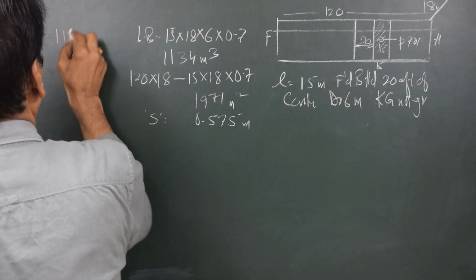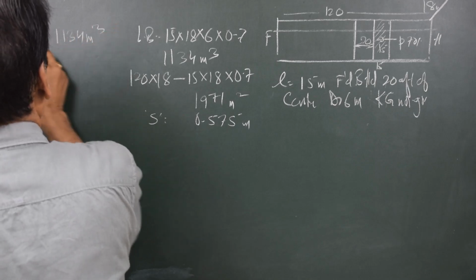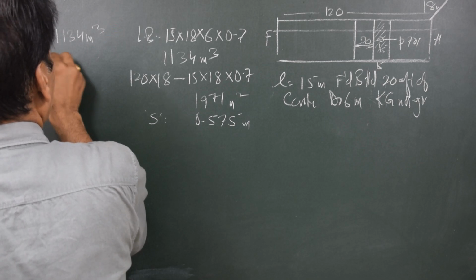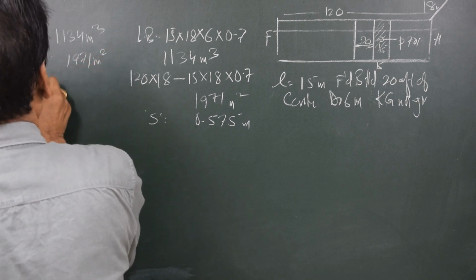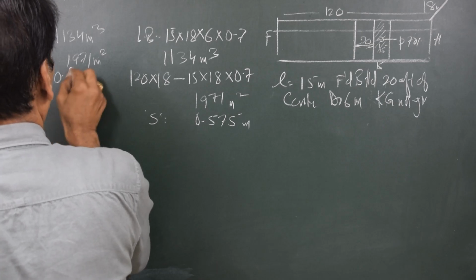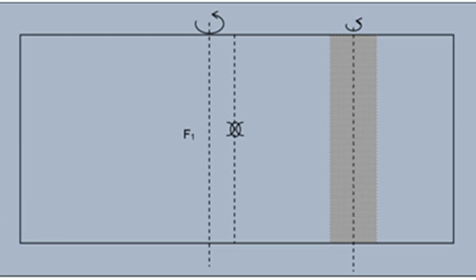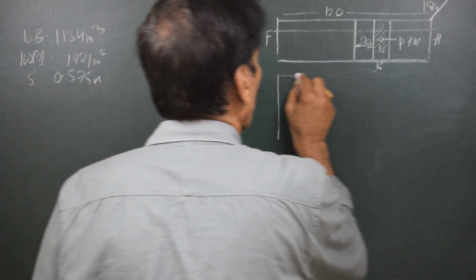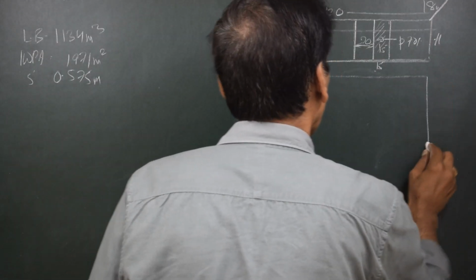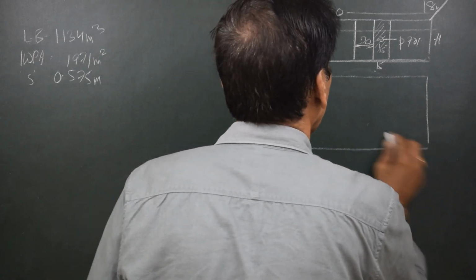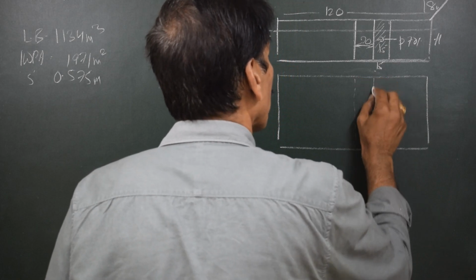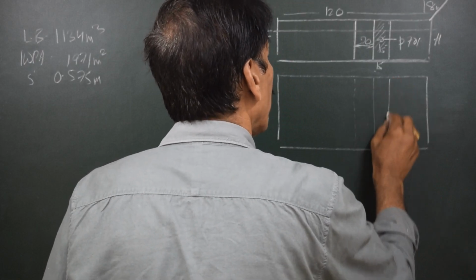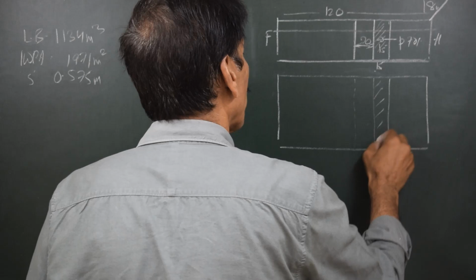Lost buoyancy is 1134 meter cube. Intact water plane area is 1971 meter square, and sinkage is 0.575 meters. I told you in my last video that one of the first things that you should do in an end or intermediate compartment bilging is to find out where the new center of flotation is. Now the center of flotation always shifts away from the damage.